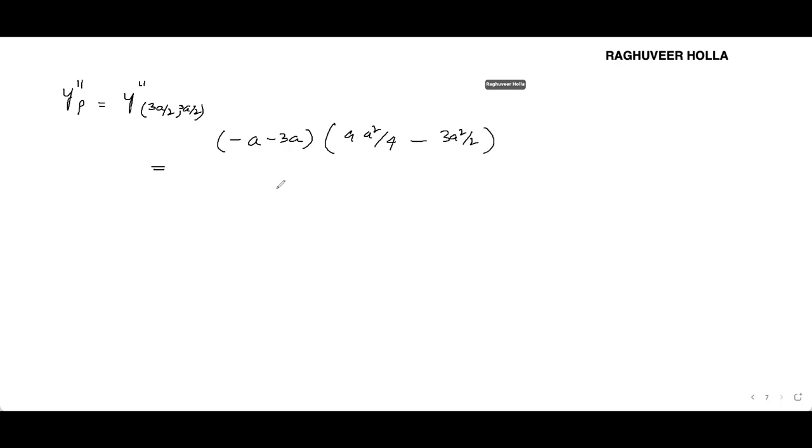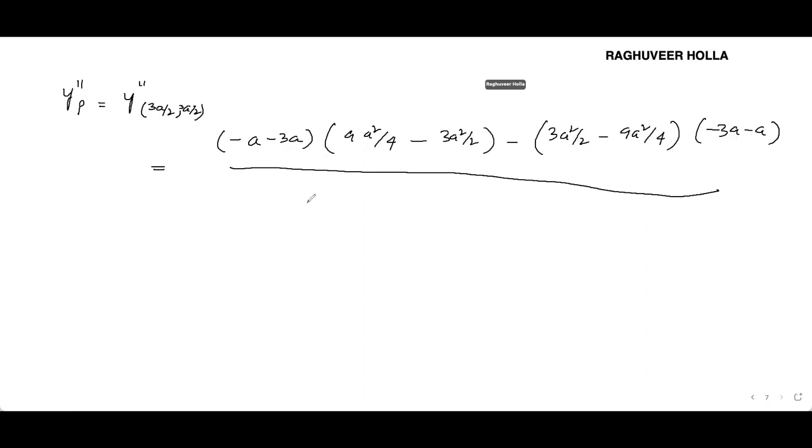Okay, and minus 3a square by 2 minus 9a square by 4, right? And minus 3a divided by 9a square by 4 minus 3a square by 2 whole square.